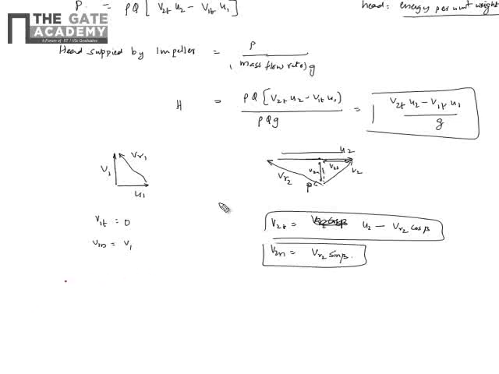Now a word about volume flow rate. The volume flow rate at the inlet is, if you recall that entire figure, this was the inlet and this was the outlet.